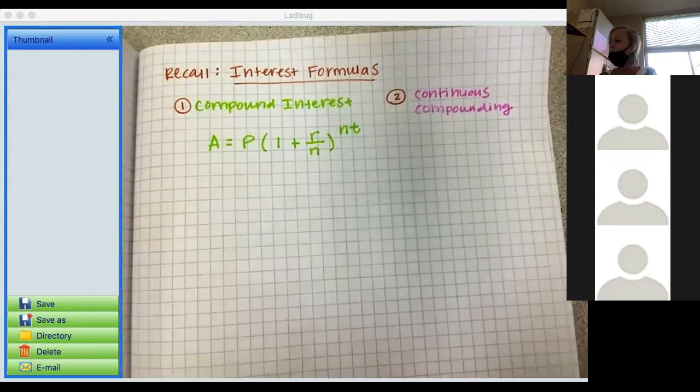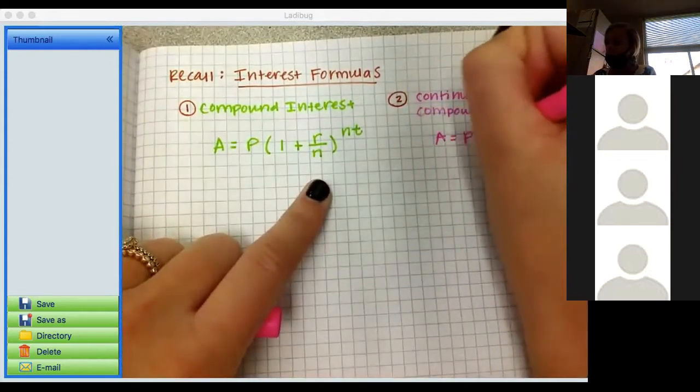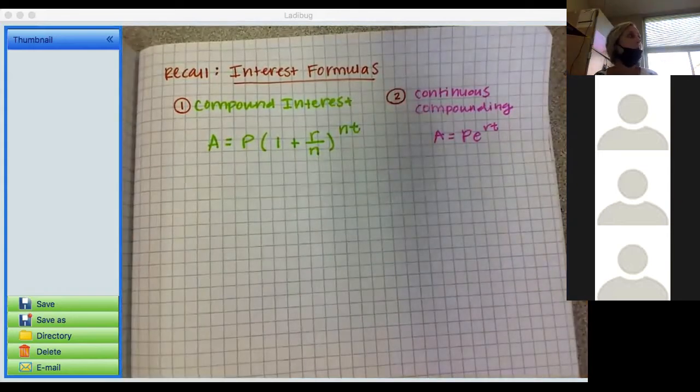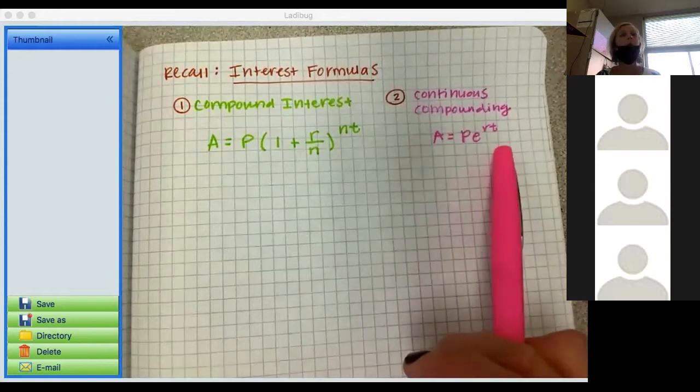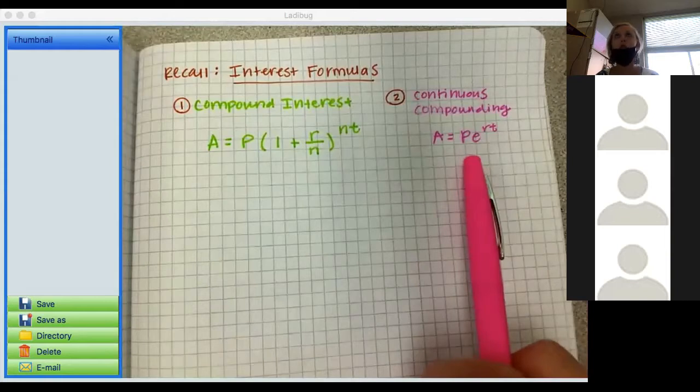This next one, hopefully we remember. This one is actually used more in the real world. A equals PE to the RT. A-PERT, that's what I call it. If you wrote A-P-E-R-T, that's what it would spell, A-PERT. This one is used more with bacteria, medicine, animal populations.